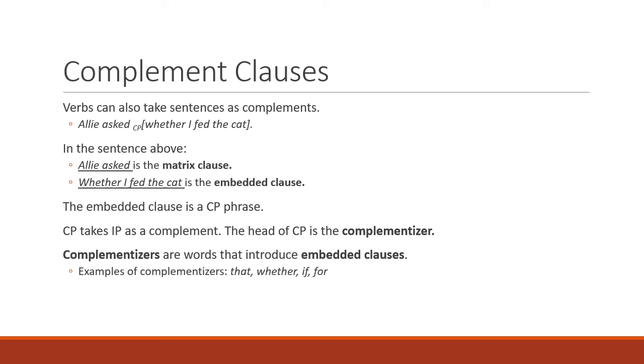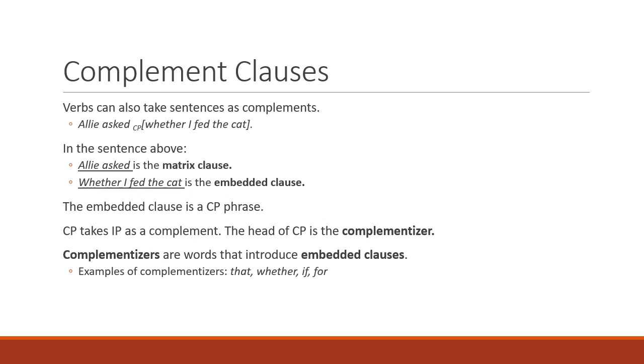In the sentence above, Allie asked is the matrix clause, and whether I fed the cat is the embedded clause. The embedded clause is always the CP, and it always has a full sentence inside of it. I fed the cat is the full sentence. CP takes IP as a complement. So the CP whether I fed the cat takes the IP, I fed the cat, as the complement, and the head of the CP is the complementizer.